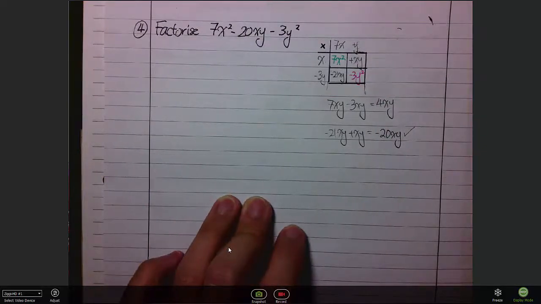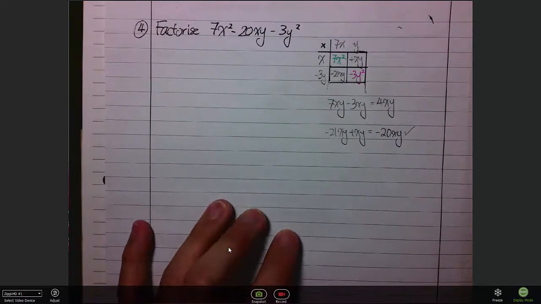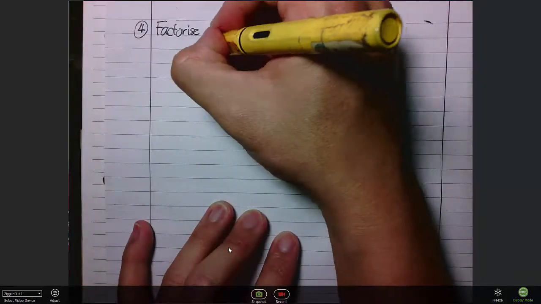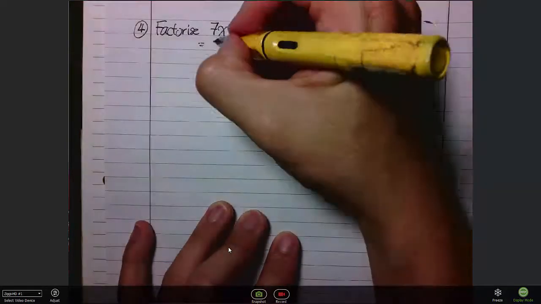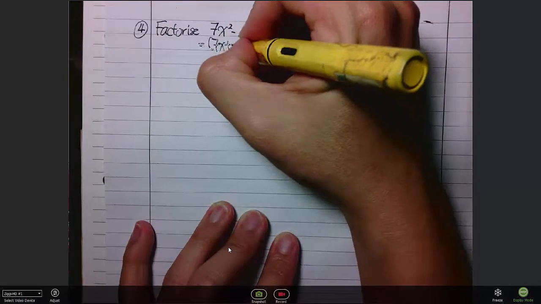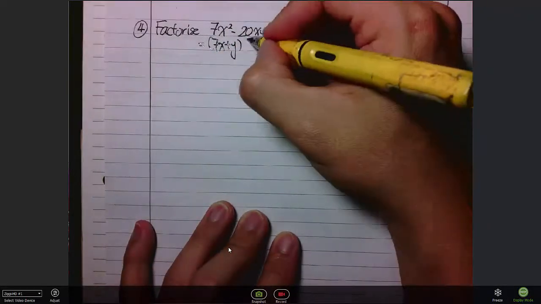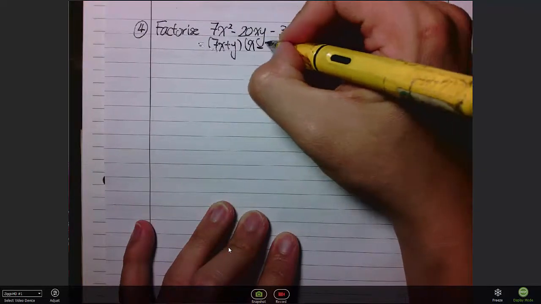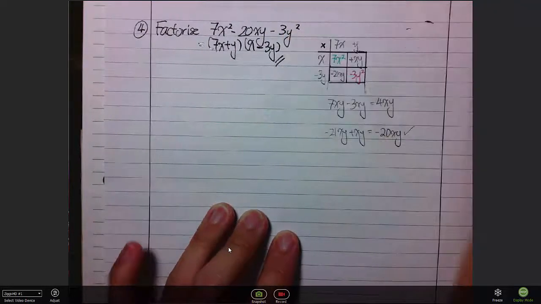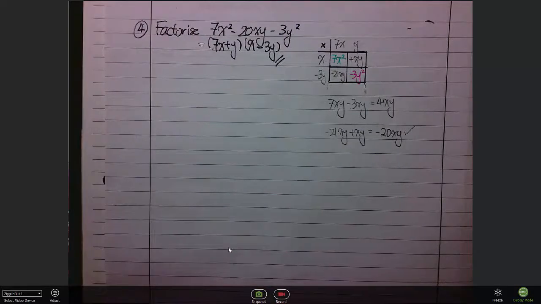The factorization is complete. So I copy down 7x plus y from here, and here is x minus 3y. I'm done with my factorization for question 4. And that's it for this chapter. We shall do the practices in class.